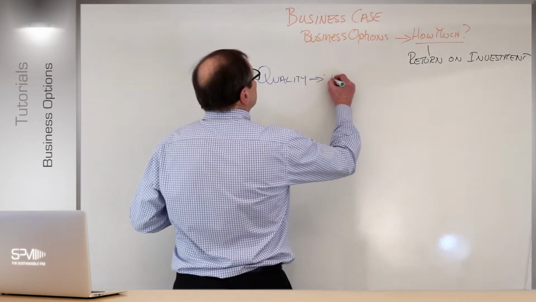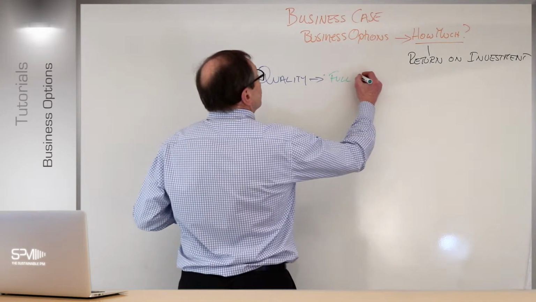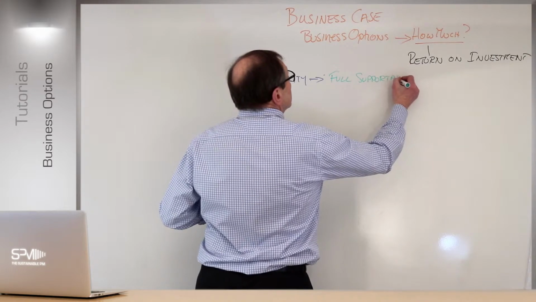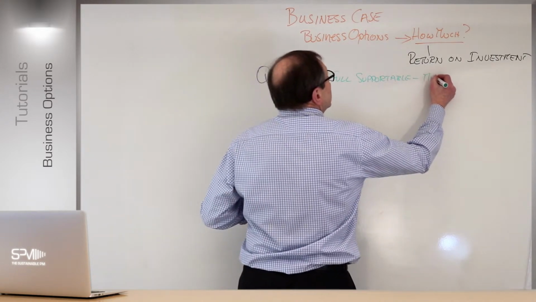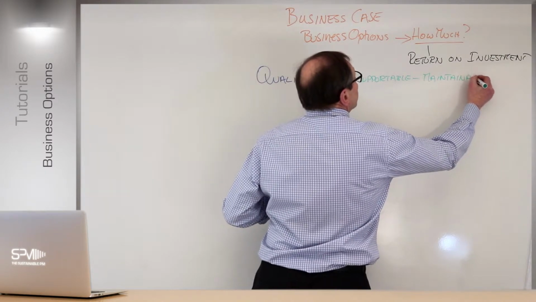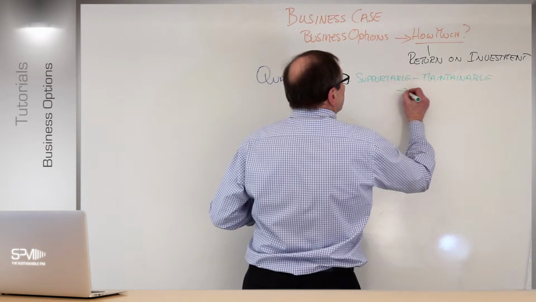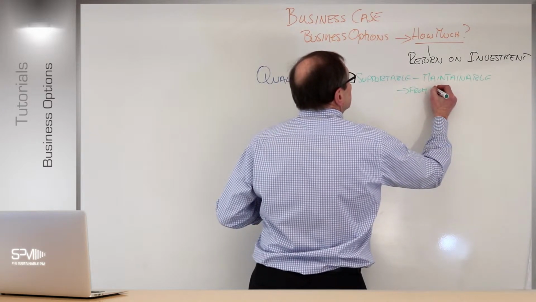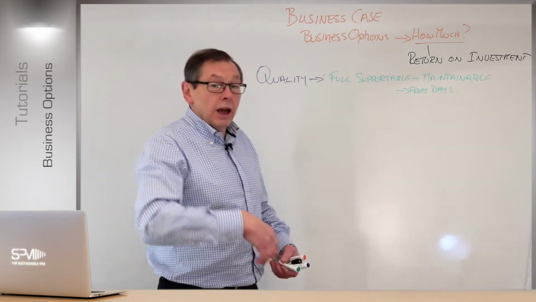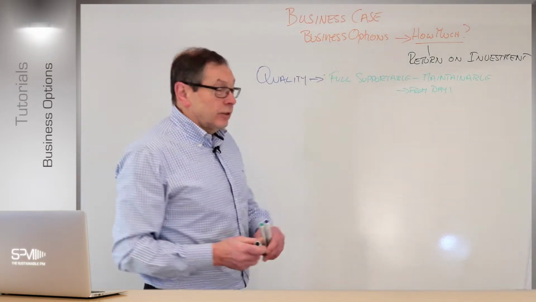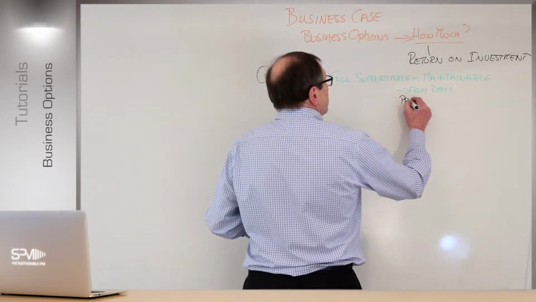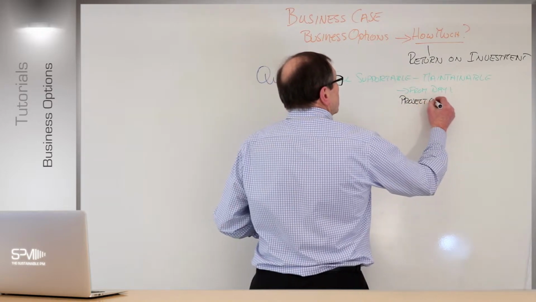So I want a full supportable, maintainable solution from day one, right? Now, in that case, that also has an impact on the cost. So the project costs, right, could be high.